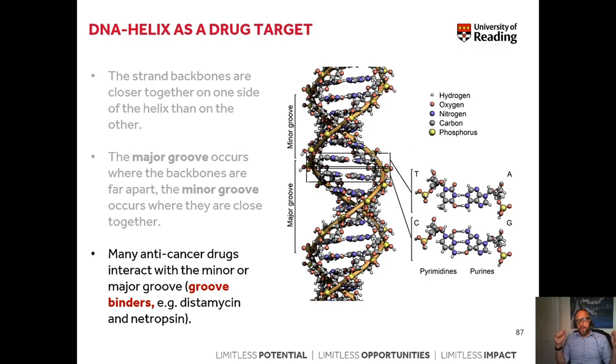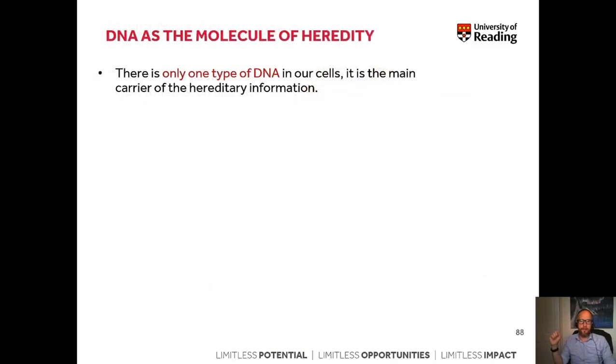In drug development, indeed, many drugs are designed to interfere with both of those structures, especially anti-cancer drugs, because cancer cells tend to divide pretty rapidly and in an uncontrolled manner. Drugs binding to DNA are quite useful to prevent replication of the DNA, thereby slowing down the progression of cancer.